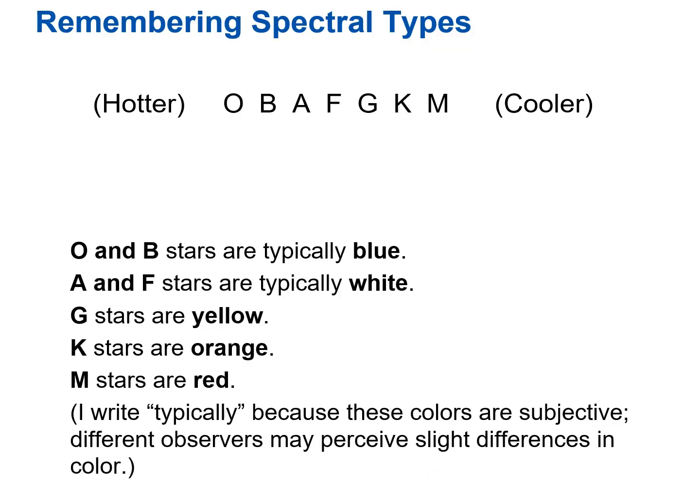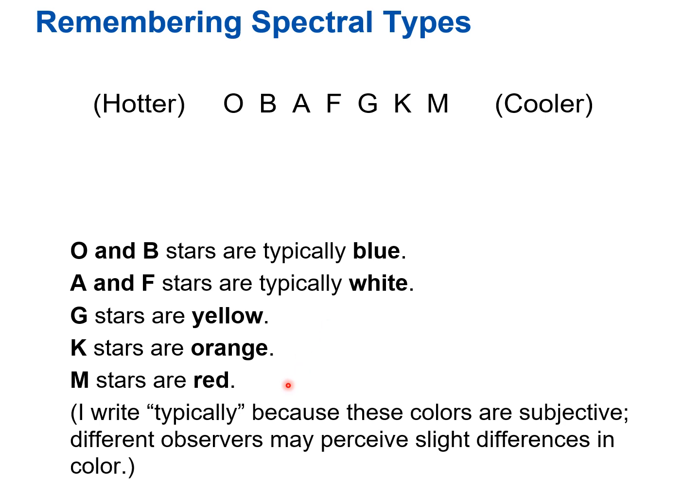Here are the letters of the spectral types from hot to cool that I expect you to remember: O, B, A, F, G, K, M. These correspond very roughly to the colors from hot to cool. Blue is generally the color of O and B stars. A and F stars are typically white. G stars tend to be yellow, K stars orange, and M stars red.